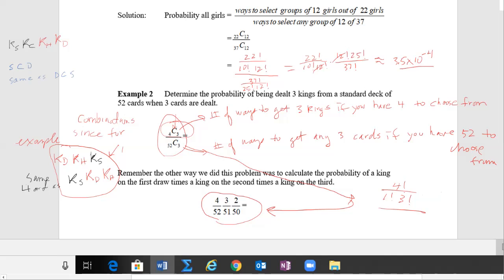You've got the 52 factorial over 49 factorial, that 52 minus 3 would be 49. And then the 3 factorial like that. Okay, so that would give you 4 factorial over 3 factorial, and then times 49 factorial, 3 factorial over 52 factorial, like that.